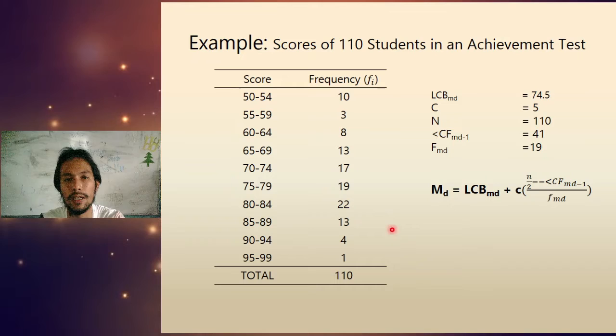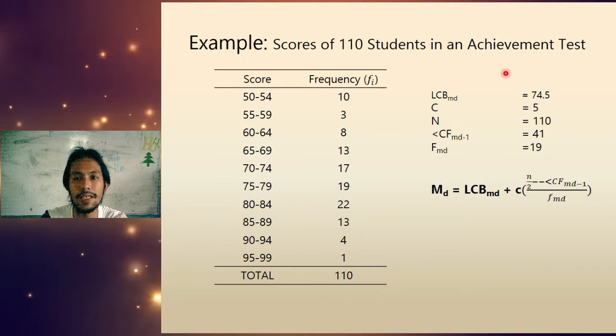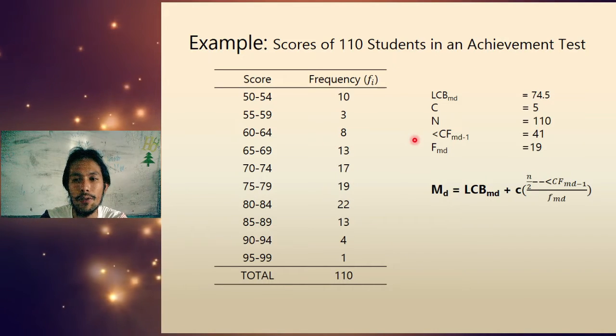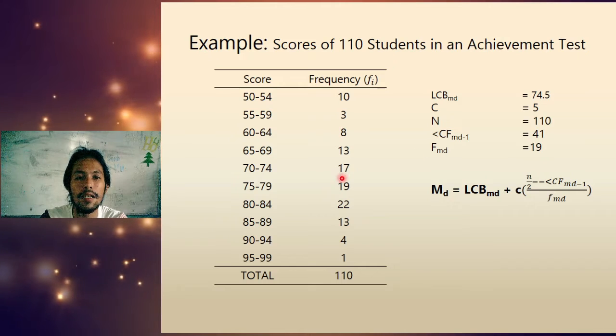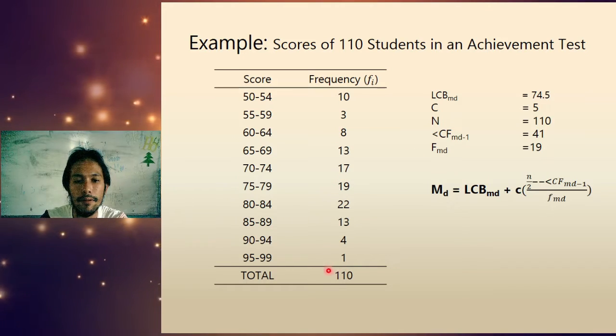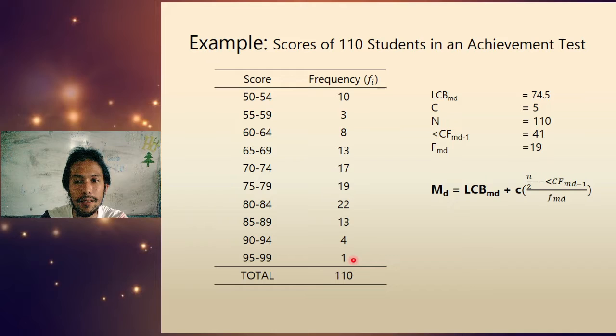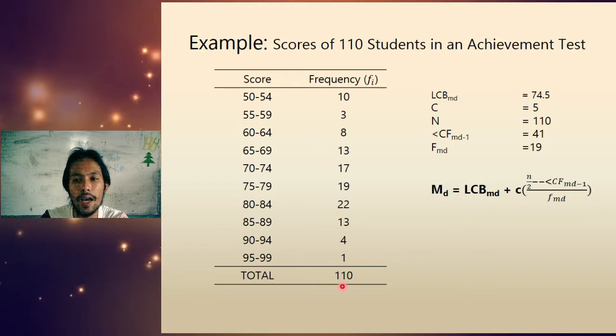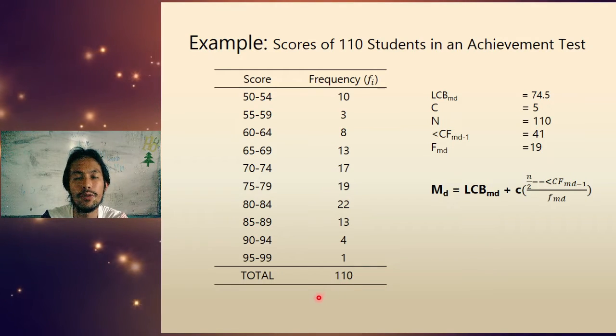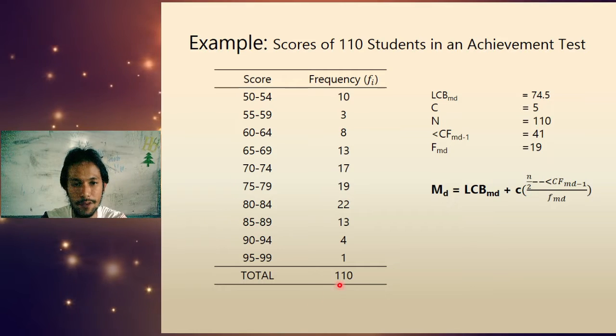For example, scores of students in an achievement test. To get the median class, we compute n over 2. So 110 divided by 2 is equal to 55.